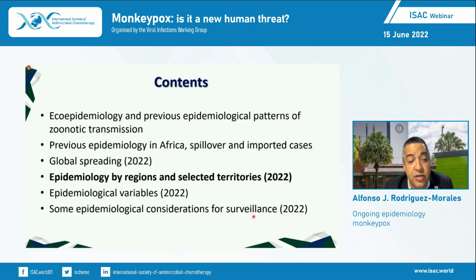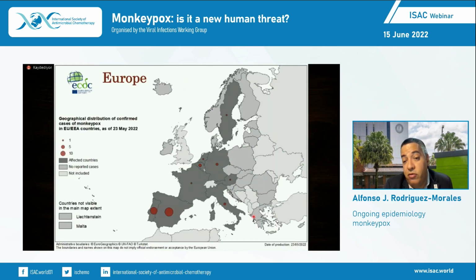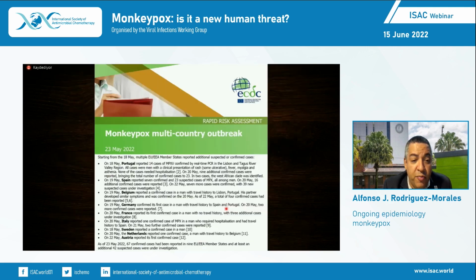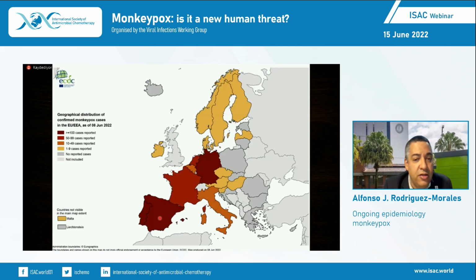In this way, it's important also to see what is happening in territories and in different regions. This is particularly important right now in terms of the numbers and the countries in Europe that have been progressively reporting cases in different countries.